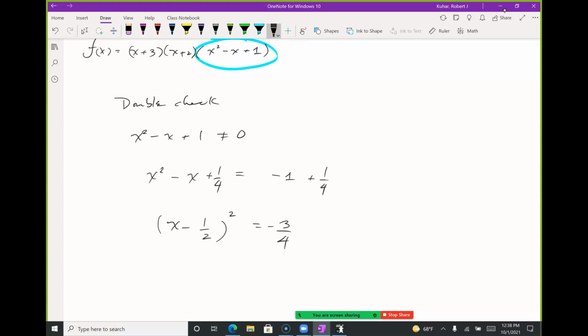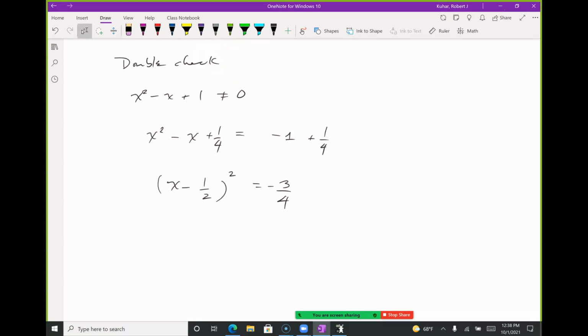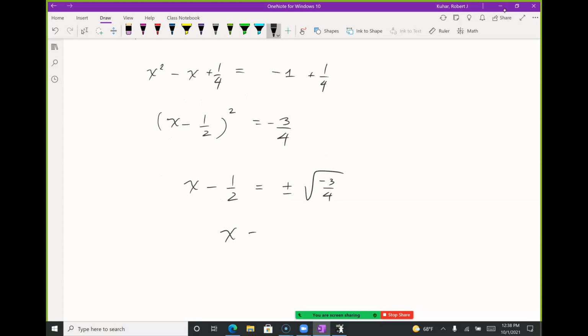And so how do I solve this now? I'm going to take a square root. And you can see my issue right away is I've got the square root of a negative. So x equals 1/2 plus or minus square root of -3 all over 2, which is not real. And I don't care about the complex roots.